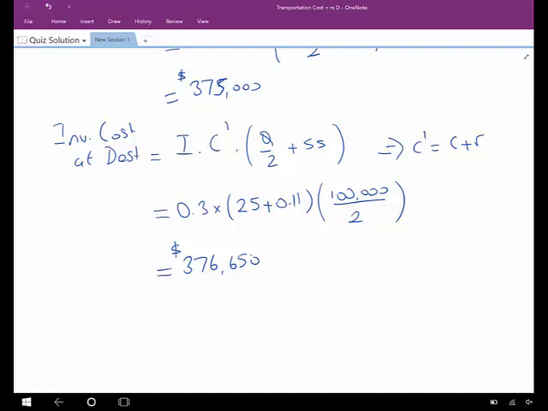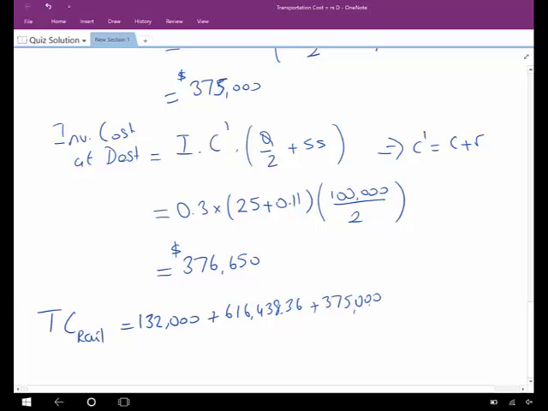By paying 11 cents for the rate, in a year you incur an additional $1,650 in inventory cost. So the total cost of rail is the sum of all these numbers: 132,000 plus 616,438.36 plus 375,000 plus 376,650.